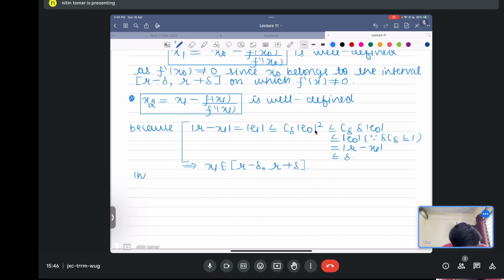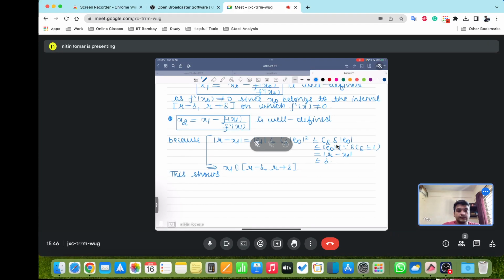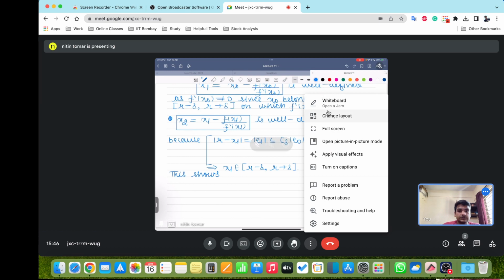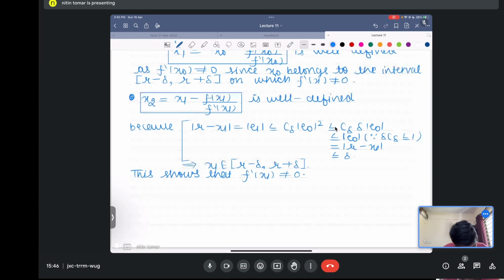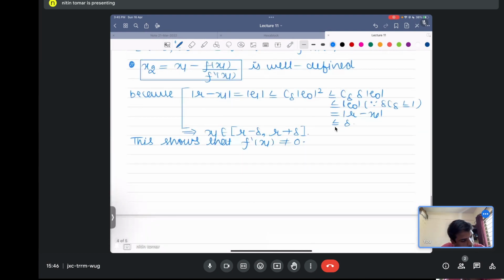So this shows that, just a minute, so this shows that f prime x1 is non-zero. So by induction you keep on doing this.